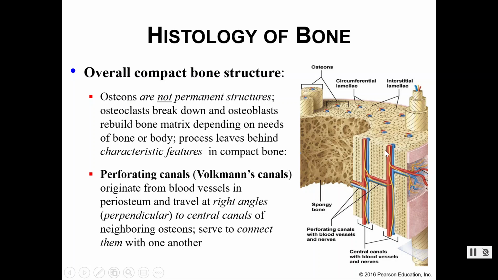Now, in addition to the central canals that we talked about in the center of the osteons, you'll notice that we've got some extra blood vessels and nerve fibers. These run through perforating canals. Sometimes you'll hear them called Volkmann's canals. These vessels and nerve fibers run at right angles. They're perpendicular to the central canals, but the function is the same.